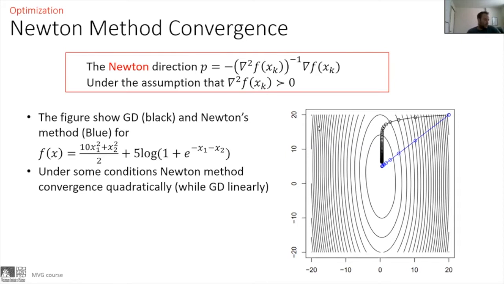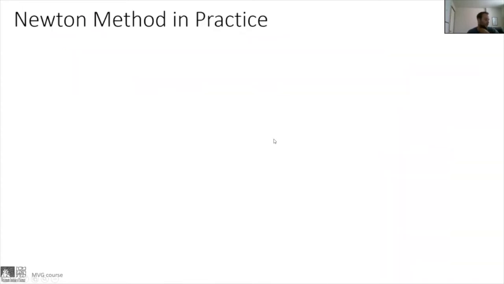Okay, so let's continue. We've seen that the Newton method converges faster, but as we already mentioned in a few words, there is a problem with the Newton method.